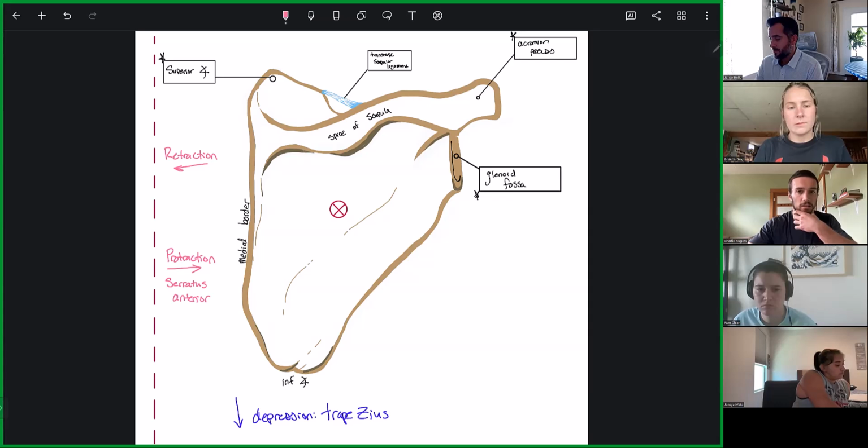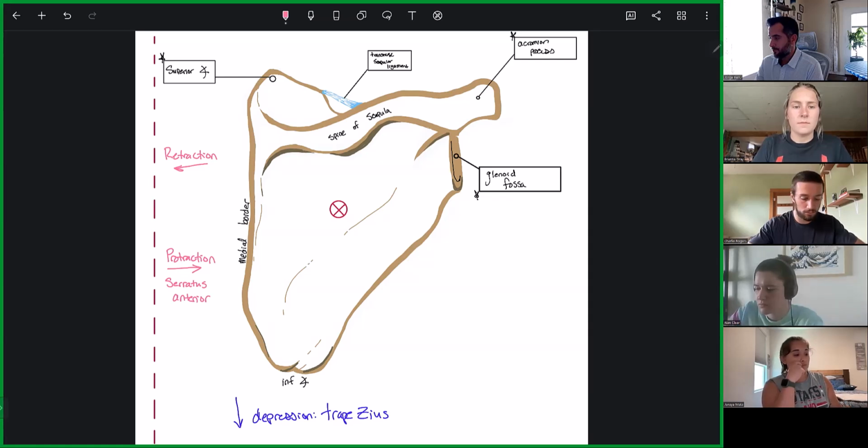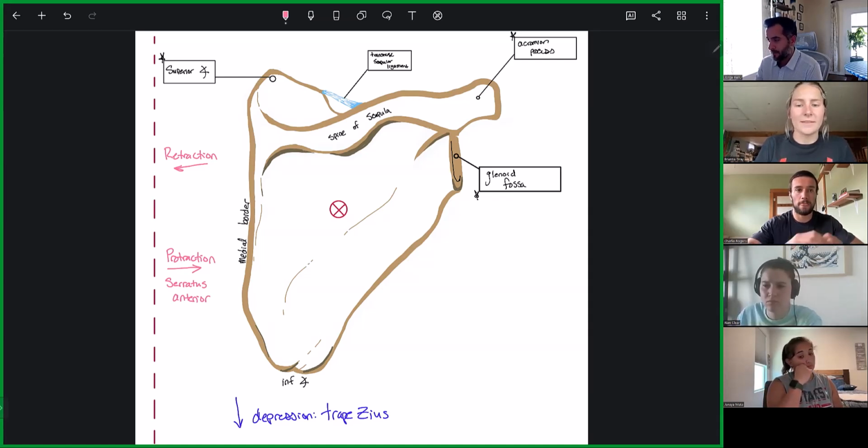So posterior and pulling backwards and taking all of your shoulder joint to pull back, that's retraction. And then to go forward and move everything more anterior is protraction. Okay, I think Leobardo said that in the chat too. I was flipping anterior and posterior. Gotcha.